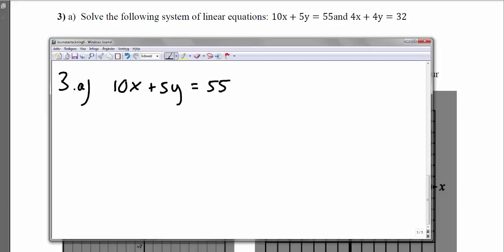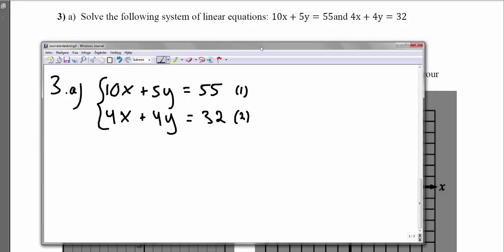And then the second equation here, 4x plus 4y is equal to 32. I'm going to do like this, like a big bracket to indicate that they belong together, and then I'm going to name the first one just 1, and then the second one 2.